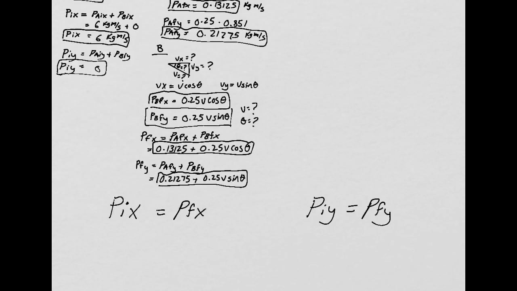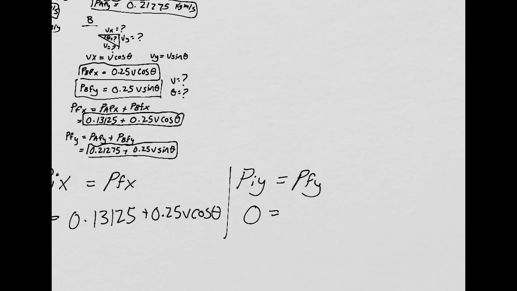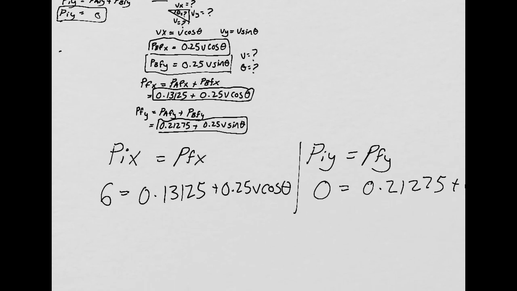So, PIx is 6, and that equals 0.13125 plus 0.25 V cosine theta. And then PIY is 0, right? And PFY is 0.21275 plus 0.25 V sine theta. So now we have our 2 equations and our 2 unknowns.